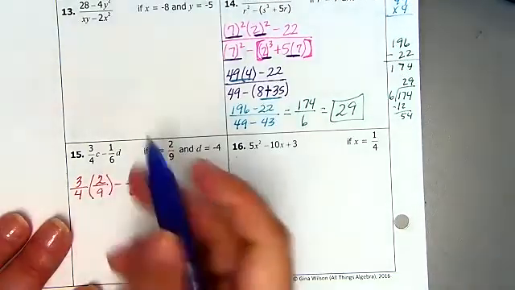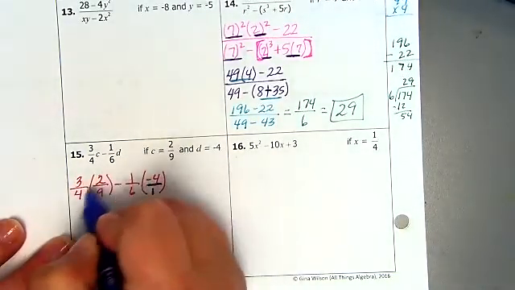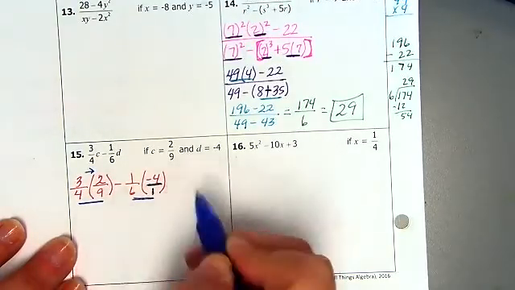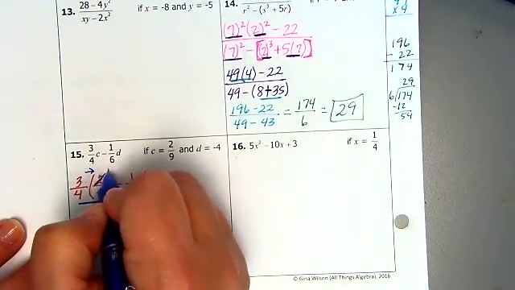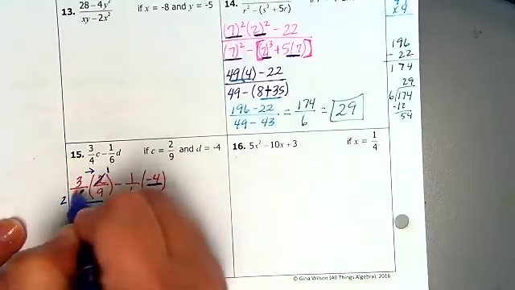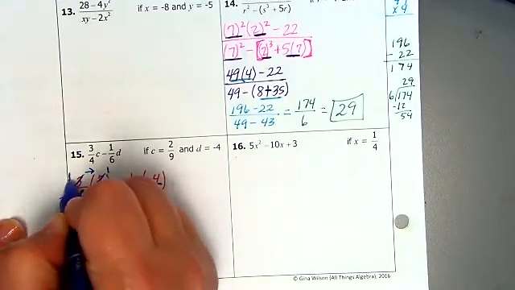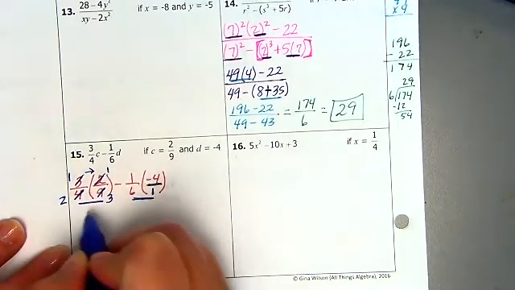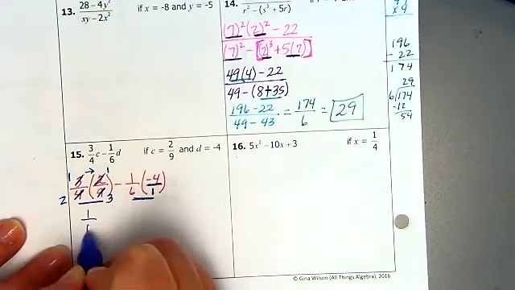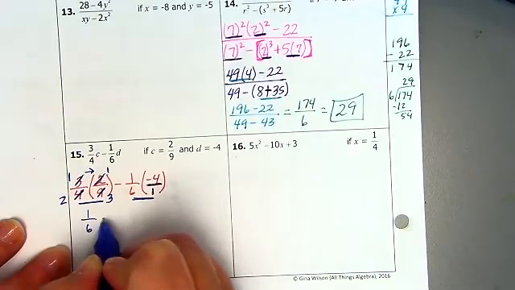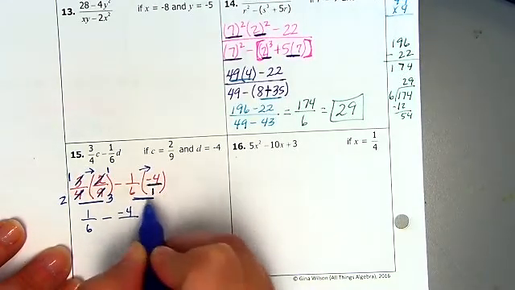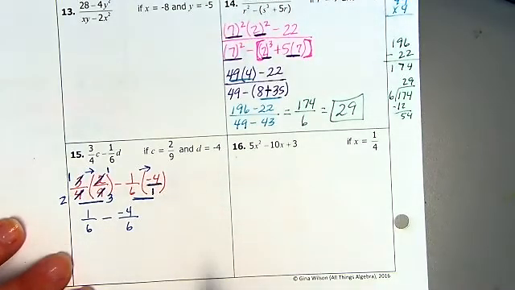All right. So now I can see if I can cross cancel when I multiply, because I'm going to multiply this first and this. So 2 goes into 2 one time, 2 goes into 4 twice, 3 goes into 3 one time, 3 goes into 9 3 times. So now I'm doing 1 times 1, which gives me 1, 2 times 3, which gives me 6, minus, now I can multiply straight across, and I get negative 4 over 6.